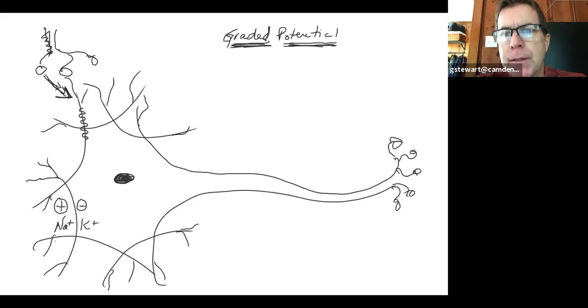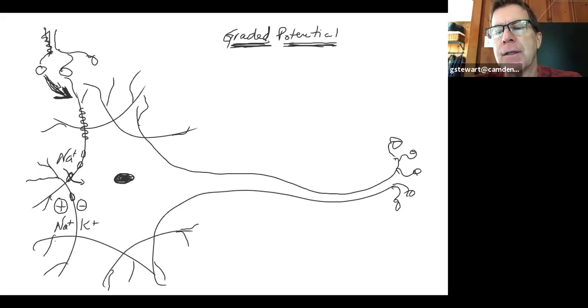Literally what happens is sodium channels open, sodium gates open along this membrane after this neurotransmitter binds to the membrane. These sodium gates open up, sodium ions go into the cell.